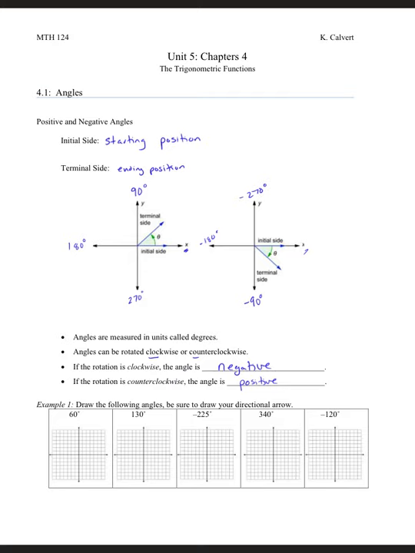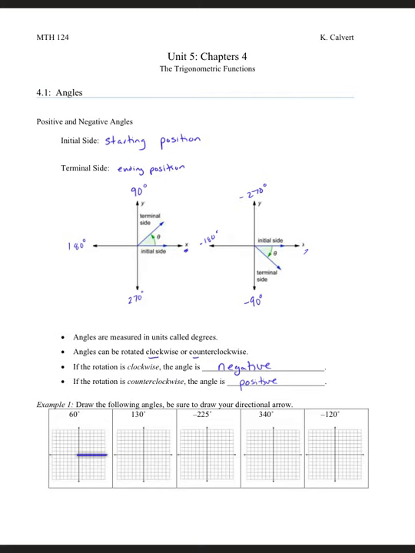So let's look at the first one together. So we have 60 degrees. Well, we always want to start on the positive x-axis. This is going to be our starting side. Now, 60 degrees, we know 60 degrees is going to lie in quadrant 1 because 60 is between 0 and 90 degrees. We're not going to be too precise with this.